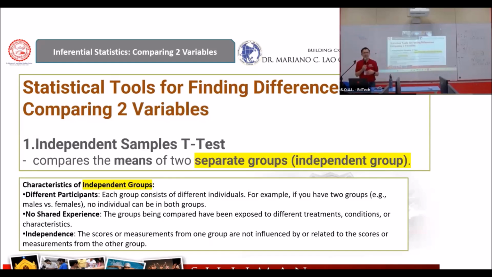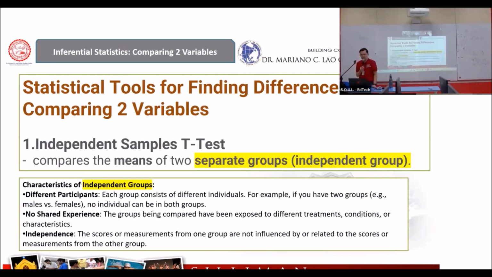Different participants. For example, each group consists of different individuals. So for example, if you have two groups, males versus females, no individual can be in both groups. Okay? No individual can be in both groups. That is why they are called two separate groups. No shared experience.